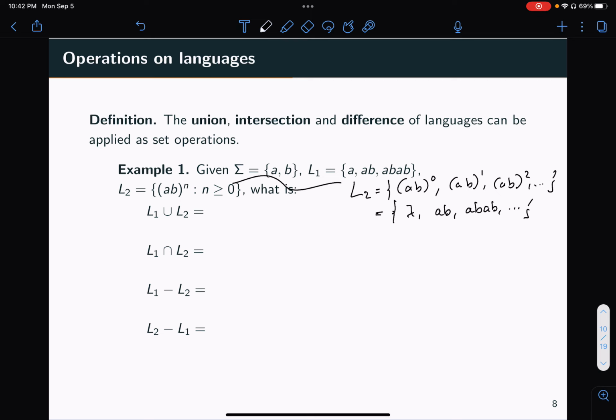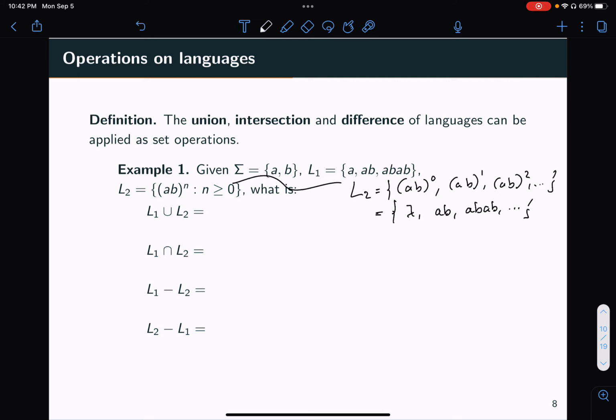So now what's the union of these two languages? Well, it's the language containing strings that are either from L1 or from L2. So I know that I'm going to have to include all the strings from L2, which is infinite.